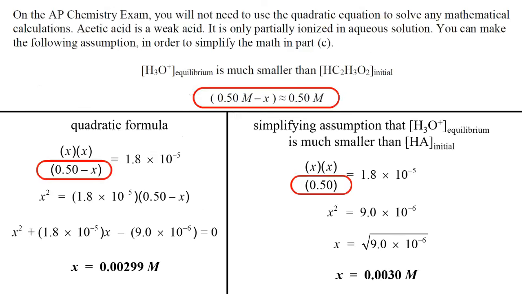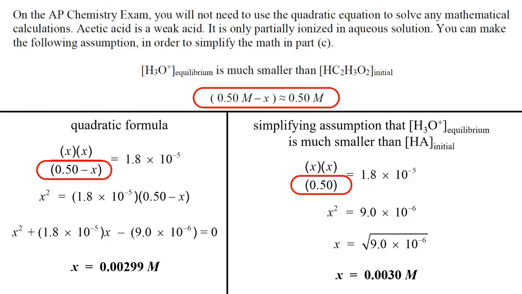But you may recall, if you watched my video for topic 8.3, when I was talking about weak acids, and this also applies to weak bases, that on the AP Chemistry exam, you will not need to use the quadratic equation to solve any mathematical calculations.